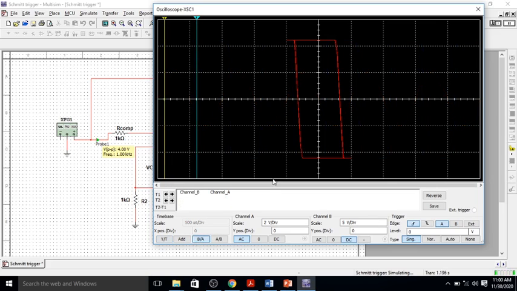Now if you click on XY mode, you can easily observe the hysteresis. If you follow this arrow, this will indicate plus V saturation, this will indicate minus V saturation, this will indicate plus UTP, and this will indicate minus UTP.